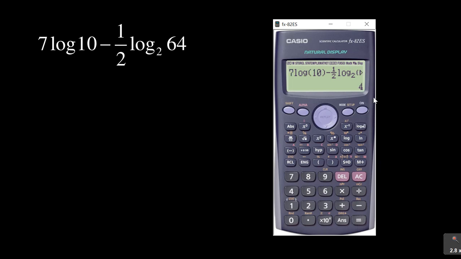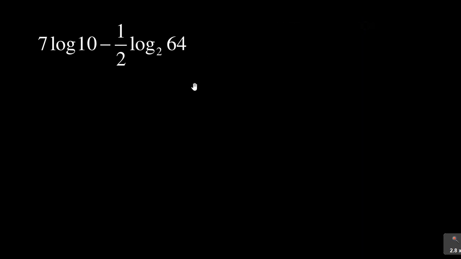Now when you do that, I'm getting my answer of 4 there. So the question is, how do I get this particular 4? Now let us apply the laws of logarithms so that we can see how they got this 4.